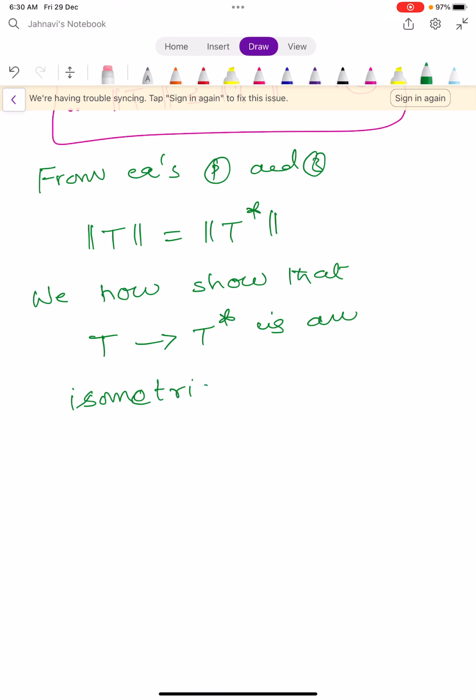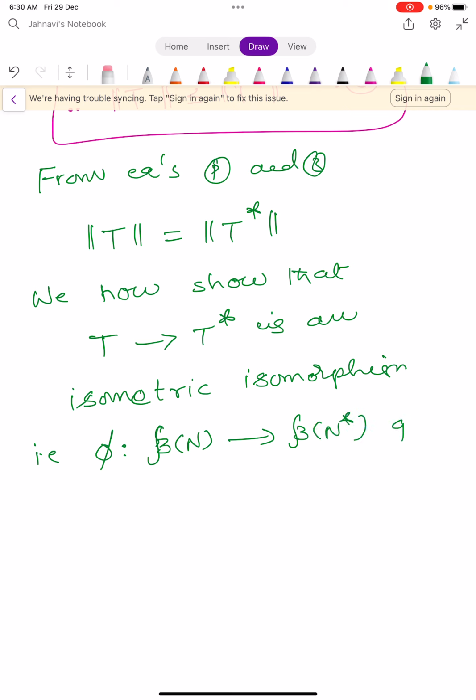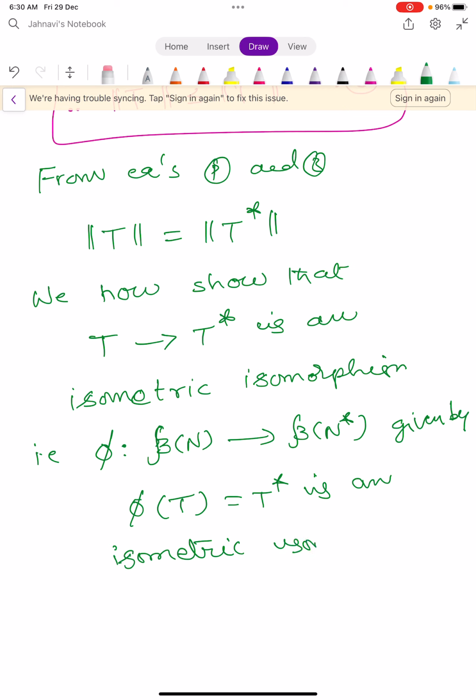That is, the mapping pi from script B of N into script B of N star given by pi of T is equal to T star is an isometric isomorphism.